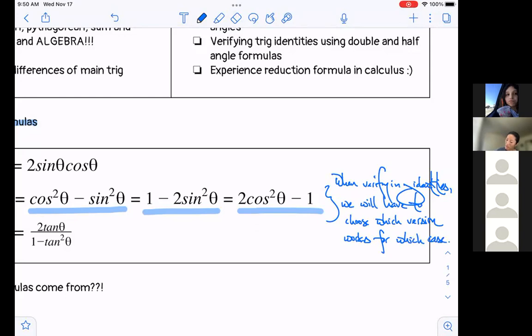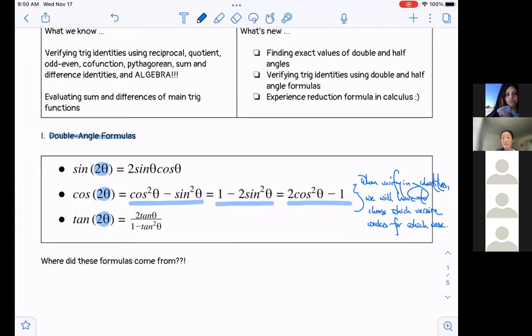All right. So yes, there are 3 of them. And the reason why there's 3 of them is because one of them might be more helpful in one verification, whereas another one might be more helpful in a different verification, okay?